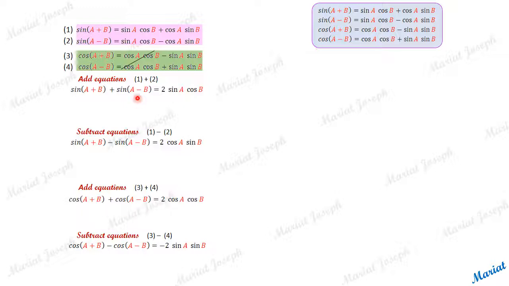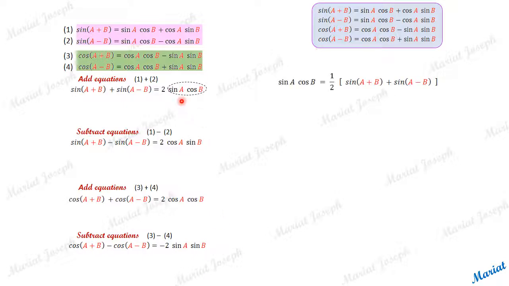But here be very vigilant. Of course, the first term cos A cos B cancels. But what happens to the other two terms? They are doubled. But look, minus sin A sin B, subtract sin A sin B, will make it minus twice sin A sin B.